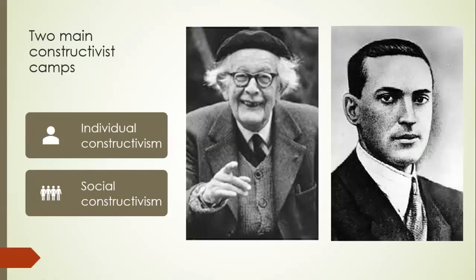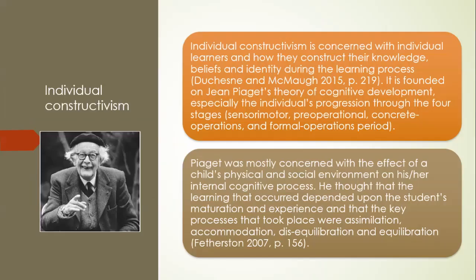There are many types of constructivism, but the two main constructivist camps are individual constructivism and social constructivism. First, let's look at individual constructivism. Individual constructivism is concerned with individual learners and how they construct their knowledge, beliefs, and identity during the learning process.